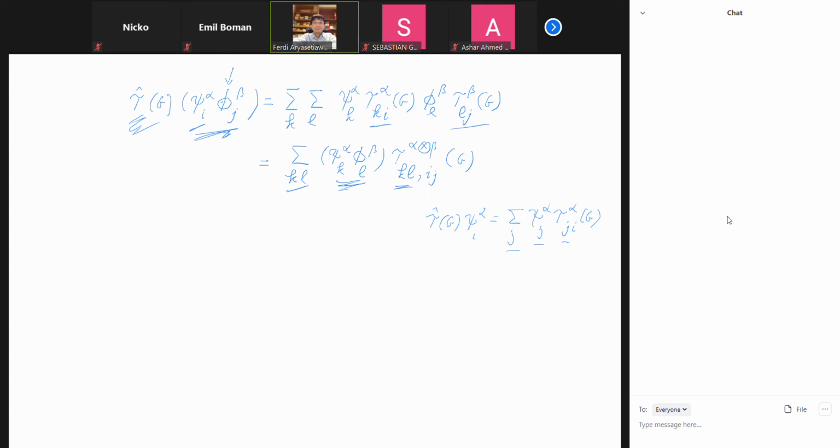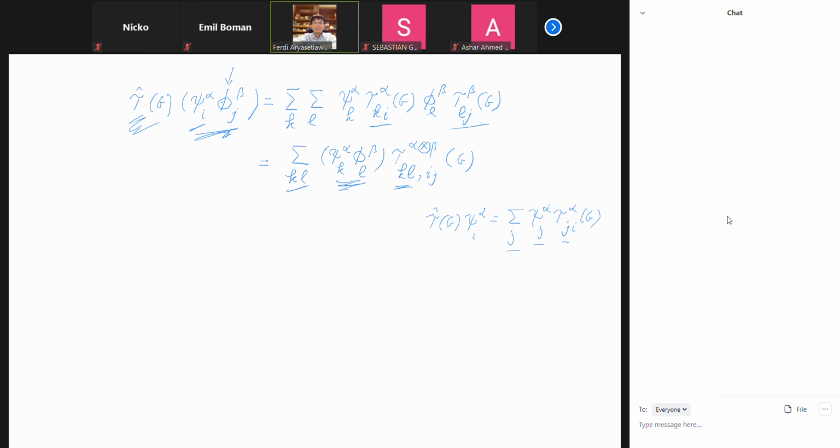Now, in general, this direct product representation is reducible. There is no reason why it should not be reducible. So we can then find some unitary matrix, I call it U, that brings the representation into a block form. Because that's what we mean by reducible.